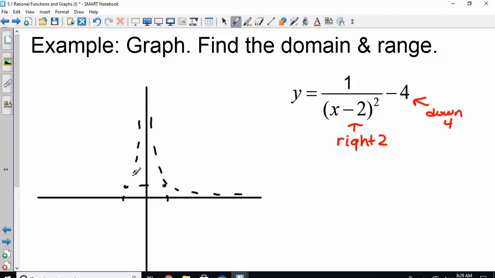When you move it left and right, which asymptote does it move, the vertical or the horizontal? We're going left and right, so it moves the vertical. My vertical asymptote was at 0. If I go right 2, it's now at positive 2. I like to move my asymptotes first. My horizontal one was at 0, so if I go down 4, it would move to negative 4.